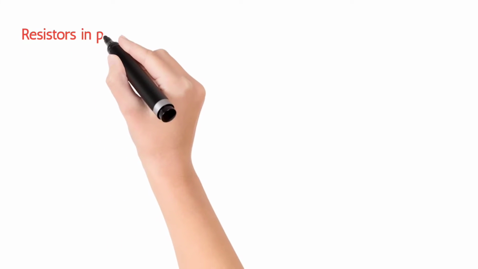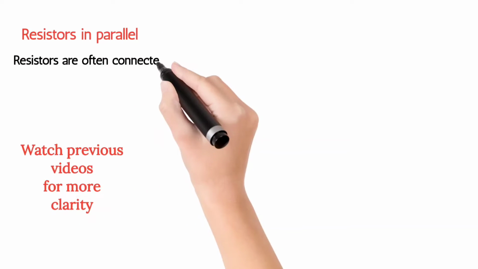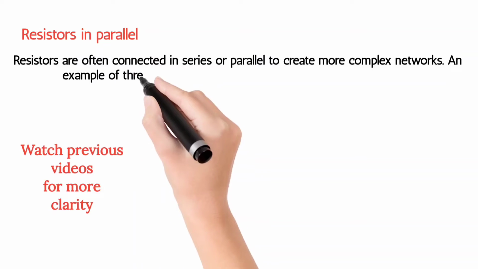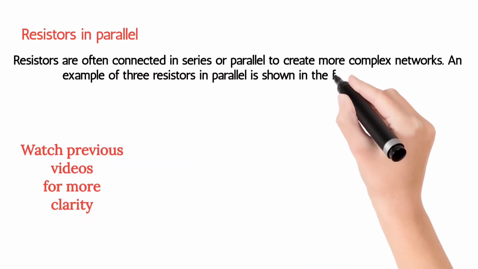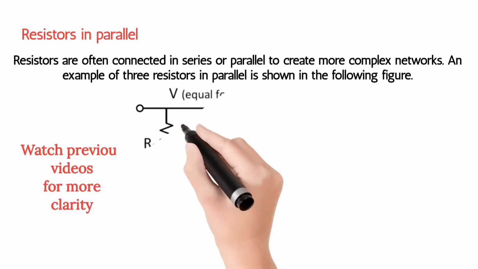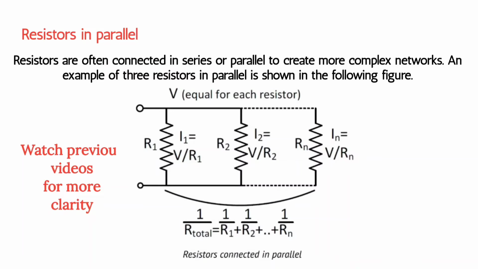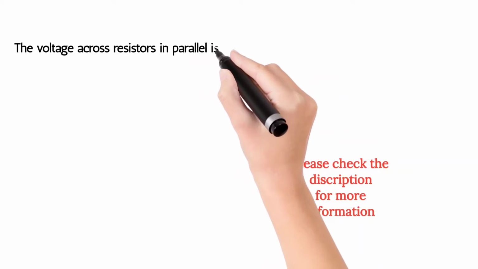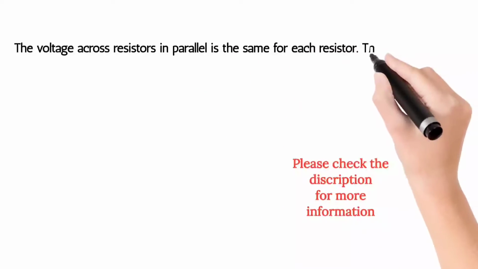Resistors in parallel. Resistors are often connected in series or parallel to create more complex networks. An example of 3 resistors in parallel is shown in the following figure. Resistors are connected in parallel. The voltage across resistors in parallel is the same for each resistor.